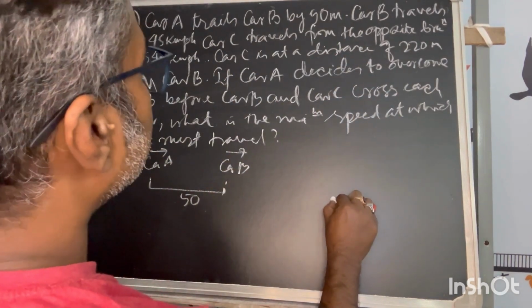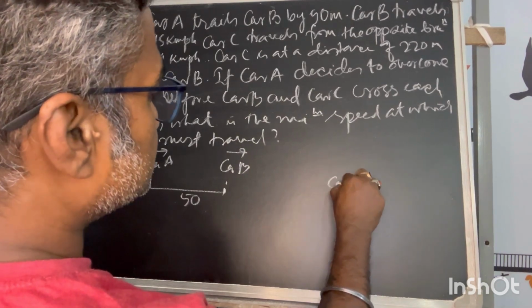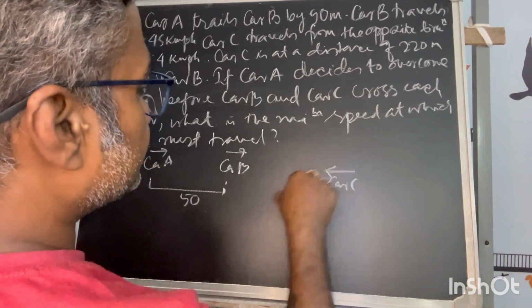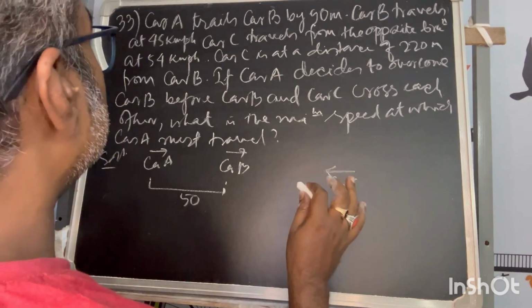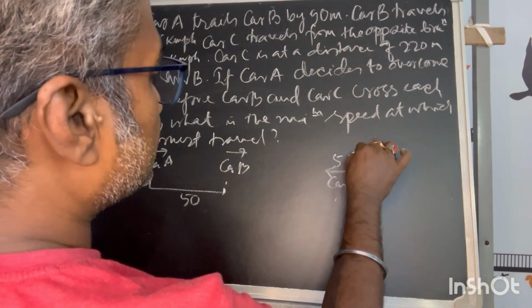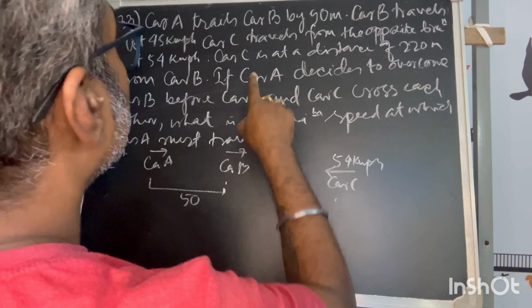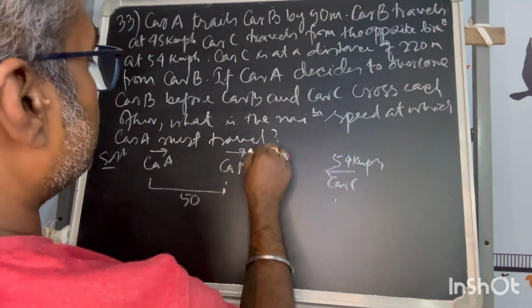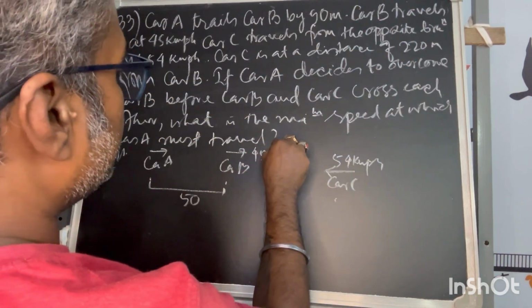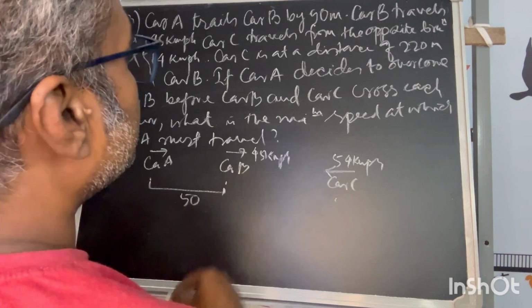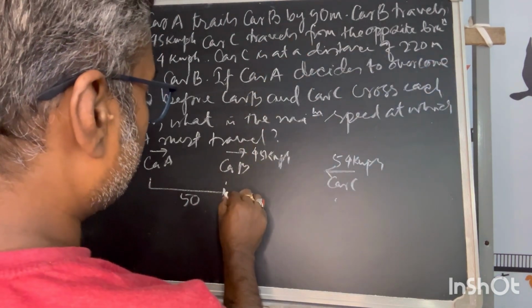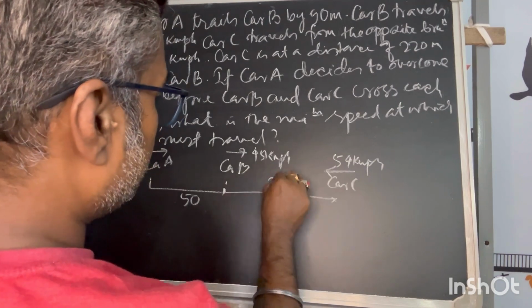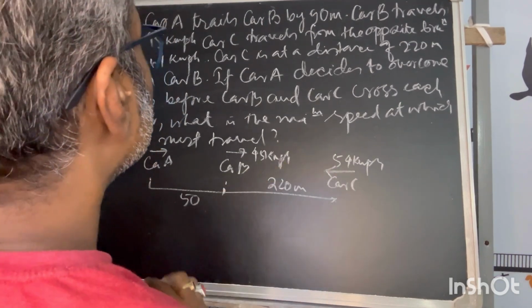Car C travels from the opposite direction, at 54 kmph, and car B travels at 45 kmph. Fine. Car C is at a distance of 220 from B. So B and C have 220 meter between them.